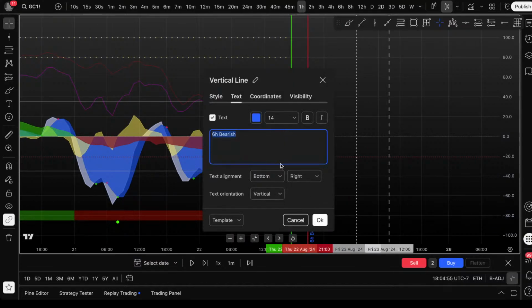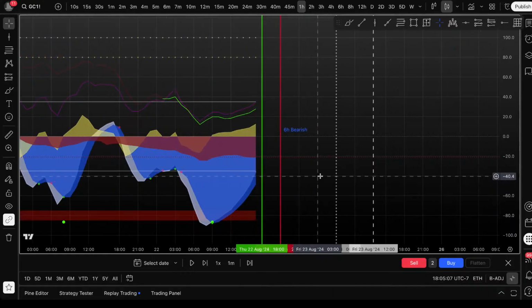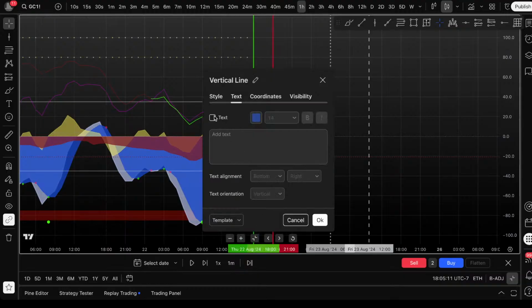How do I get the text to, here we go. Oh, nice. We're stepping up our game, folks. 1 hour bull pump. I'm going to call it a bull stampede. It's a bull stampede.